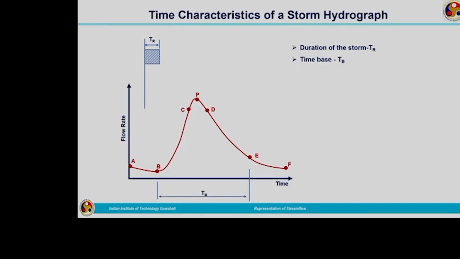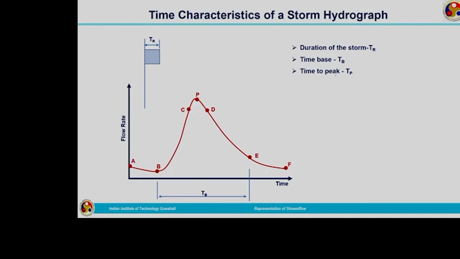We know there is some contribution from the base flow, the groundwater contribution to the stream, which we deduct, and the remaining hydrograph has a time base represented by TB. That is the period from where the runoff starts to where it ends; that base period of the hydrograph is the time base.